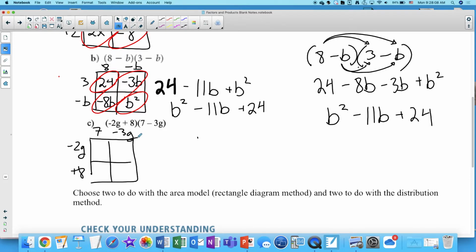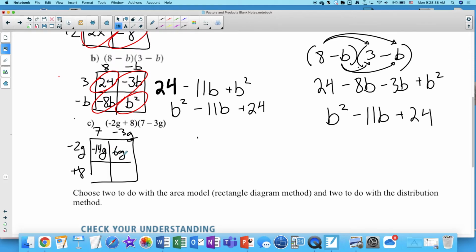That's okay. You can still, if you wanted to reorder this, you could and make it negative 3g plus 7, that's fine. We can still work with it within this box as long as you know how to recognize like terms, right? So negative 2g times 7 is negative 14g. Negative 2g times negative 3g is 6g squared. 7 times 8 is 56.